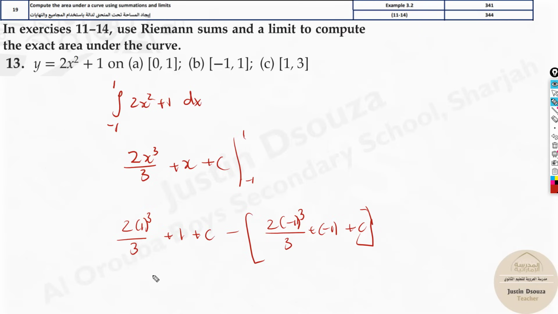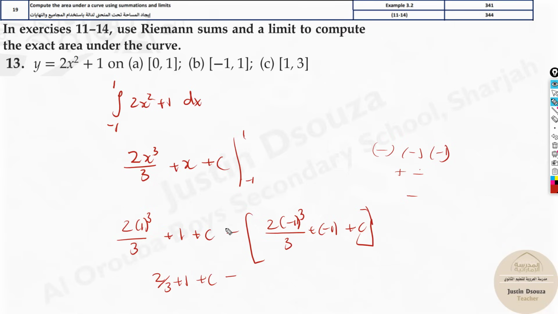Now we can simplify it. It will be 2/3 plus 1 plus c, minus the cube. Minus 1 the whole cube will be negative, the negative sign will remain. Why? Because you have to multiply negative 3 times: minus, minus, minus, this is a cube, right? Plus times minus, again it'll be minus.